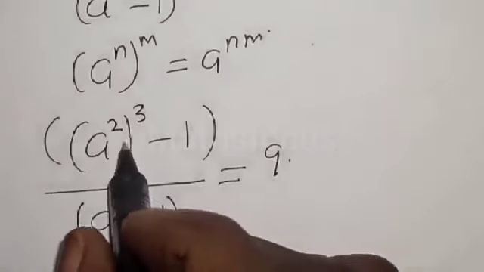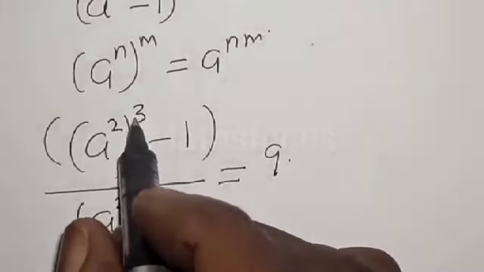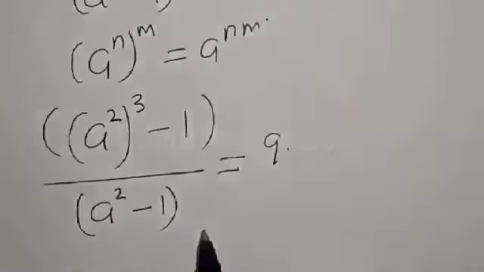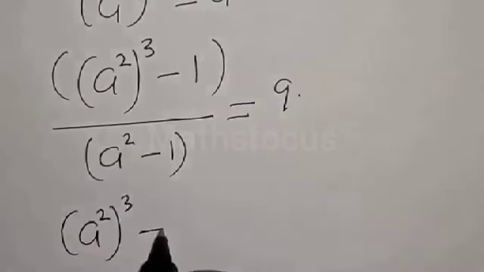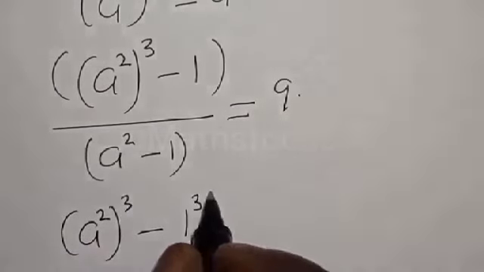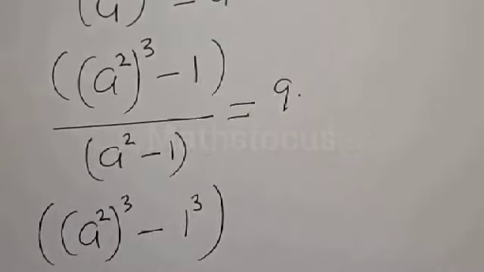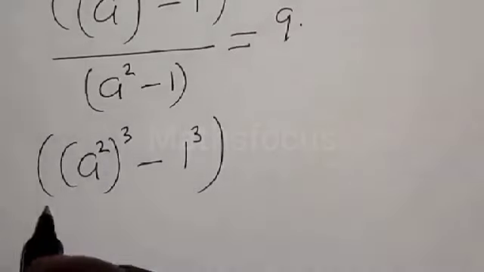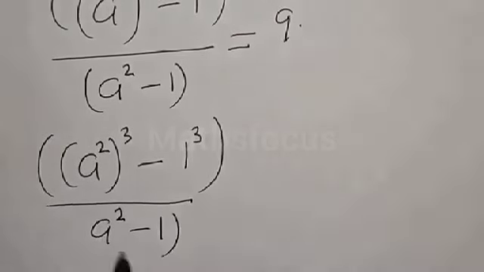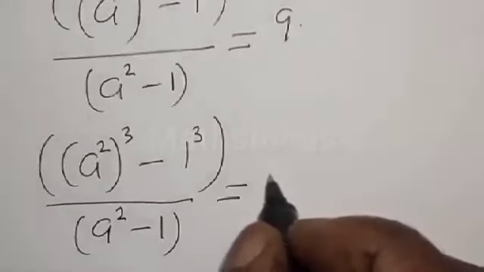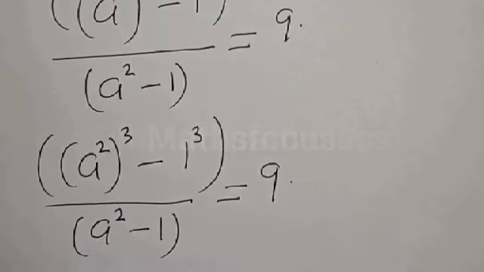Now this is a squared raised to power 3. This is the same thing as 1 raised to power 3. We have a squared raised to power 3 minus 1 raised to power 3 divided by a squared minus 1 is equal to 9.